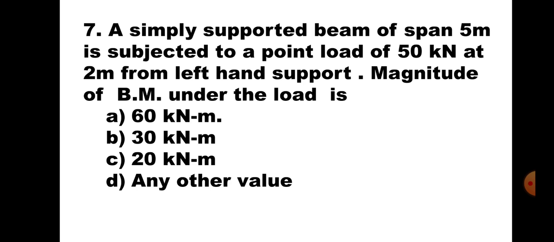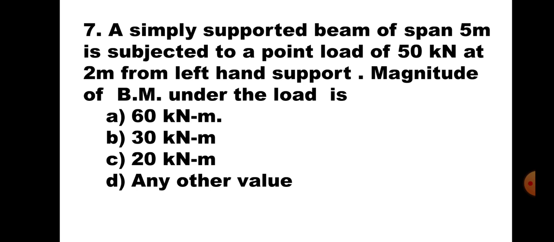Question number 7. A simply supported beam of span 5 meter is subjected to a point load of 50 kilonewton at 2 meter from left hand support. The magnitude of bending moment under the load is A. 60 kilonewton meter, B. 30 kilonewton meter, C. 20 kilonewton meter, and D. any other value.